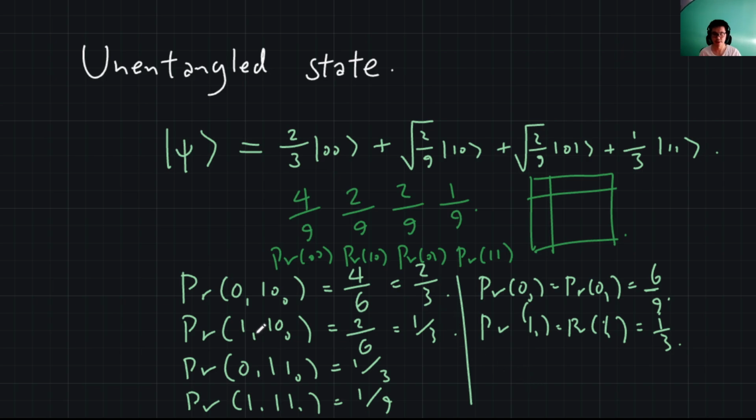Then you multiply this together to form this thing. So it's equal to probability of 10, and so on. So the state of this is unentangled.